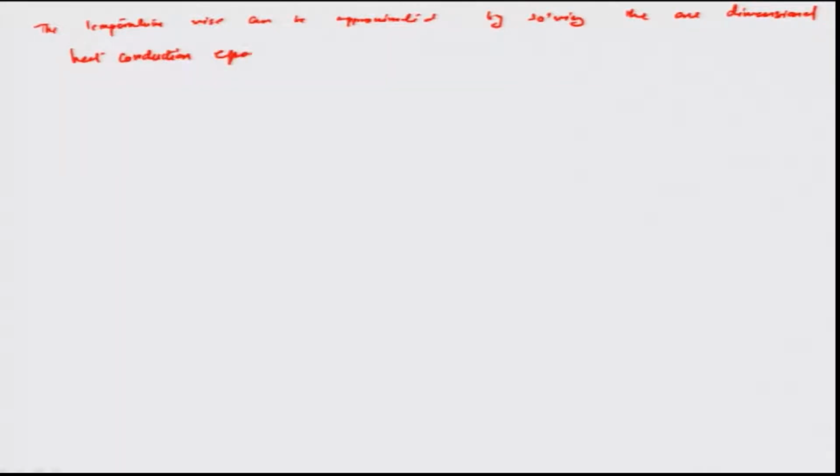So, let us estimate that from first principles. Let us say the temperature rise can be approximated by solving the one dimensional heat conduction equation, this is only a simplistic model, for a heat source placed inside the metal.